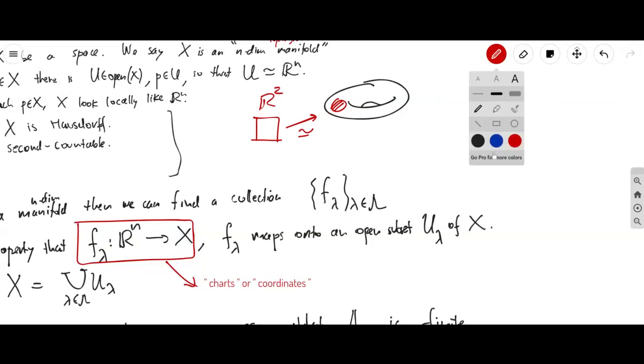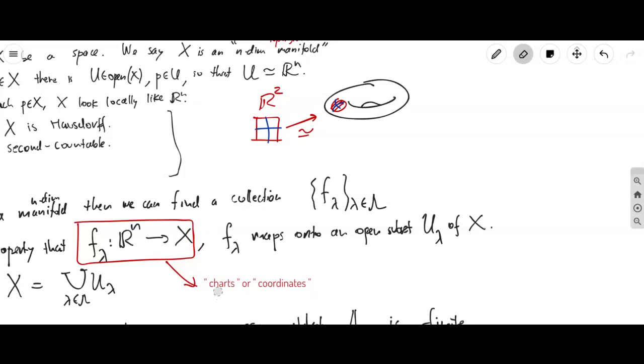And by mapping it homeomorphically to the piece, you can introduce a coordinate system, right? The X and Y coordinate system, their images will give you some kind of coordinate system right over here. It's going to be maybe some kind of curved, but you have coordinates, right? You can describe where you're located on the torus, at least locally in that neighborhood, by using essentially the standard Cartesian coordinates. So that's why we call them coordinates.